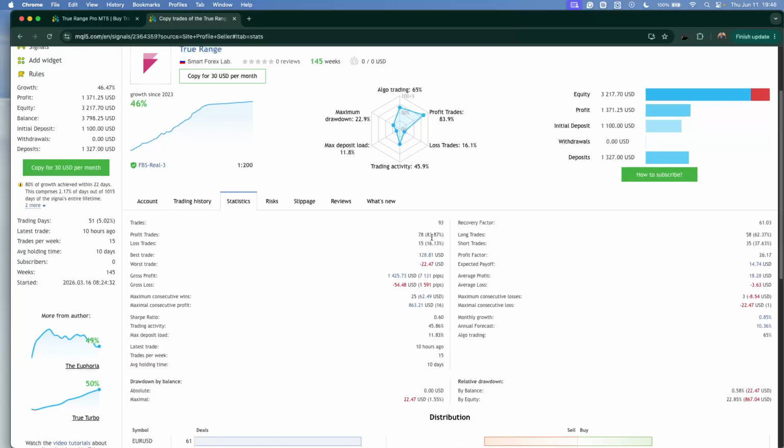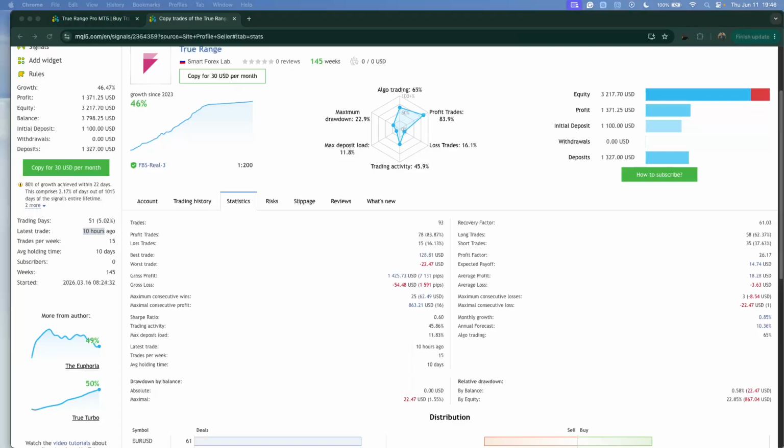Looking at the statistics, we have an 83% win rate on the live. It's impressive, and they use the broker FBS. The average holding time is 10 days, so this expert advisor can hold trades for days, for hours, and it's currently active with its last trade taking 10 hours ago.